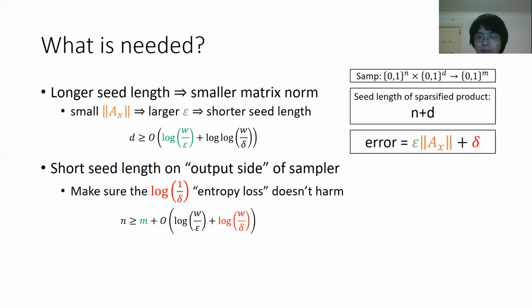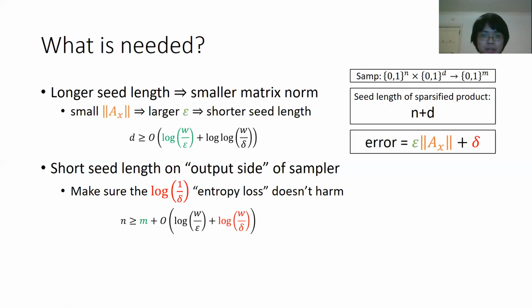And we can see that this delta doesn't scale with the matrix norm on the left-hand side. So this means we need to make sure that m is much shorter than n, so that this inequality is satisfied, and that this log 1 over delta term will not harm the final C length of our construction.